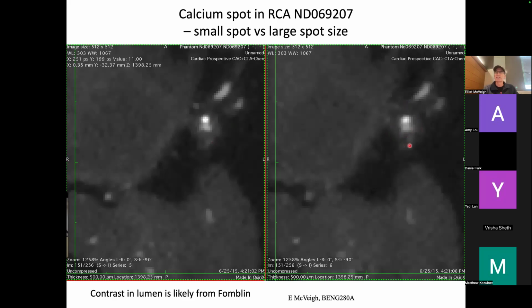This is that same object measured with the spot size increased by 50% on each dimension. So this picture was taken with a spot size of 0.7 by 0.9 millimeters, something like that, on the target. And then this was done with 1.2 by 1.2, right?